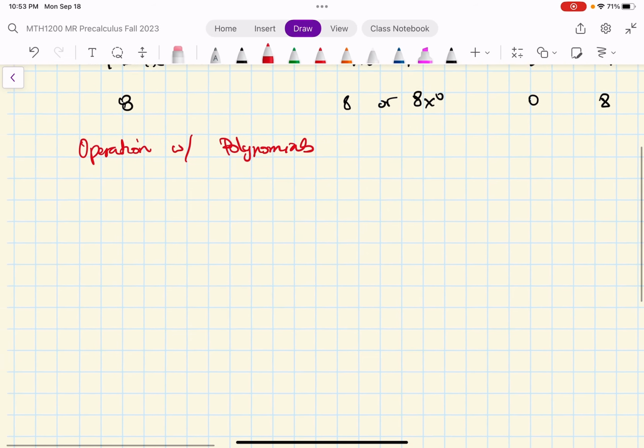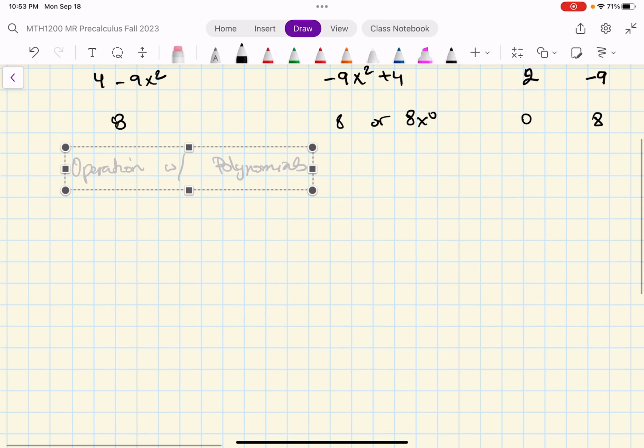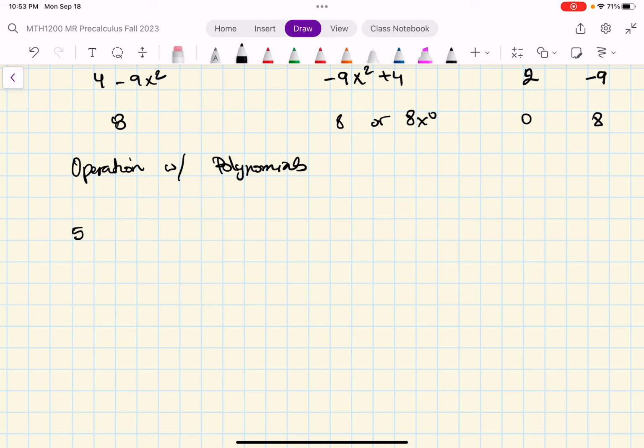So addition of polynomials. Let's say you have 5x cubed minus 7x squared minus 3 plus x cubed plus 2x squared minus x plus 8.